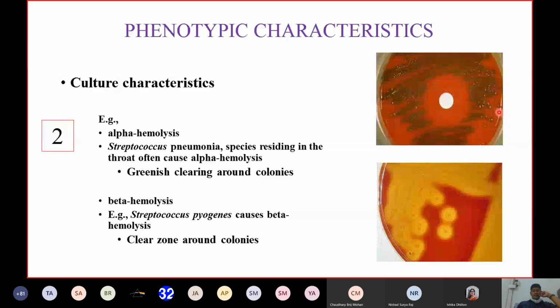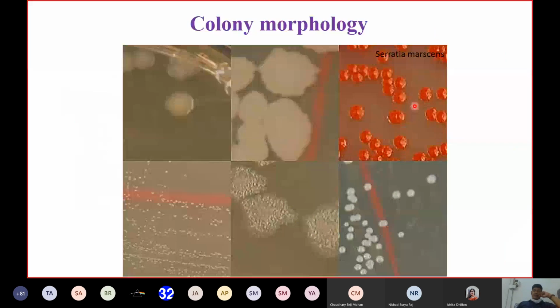Similarly, in pigments also, some bacteria will produce pigment that is soluble in water. That's why they have the ability to change the whole media color. Like Pseudomonas aeruginosa, if it is producing blue color, it changes the media also. But it doesn't happen with Staphylococcus aureus or Serratia, because their pigments are not water soluble. So they won't diffuse into the media.